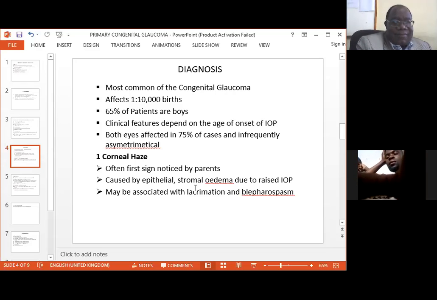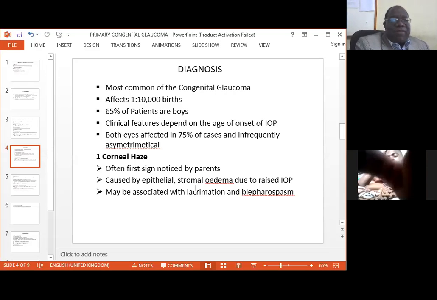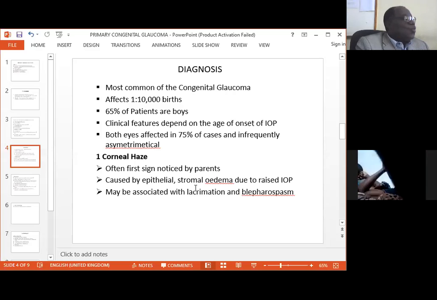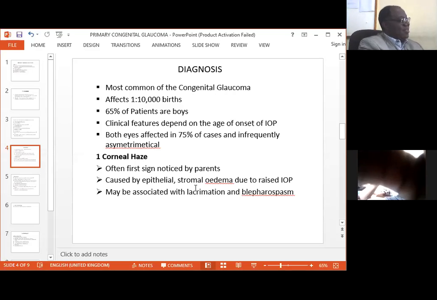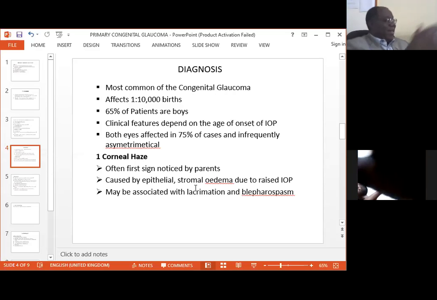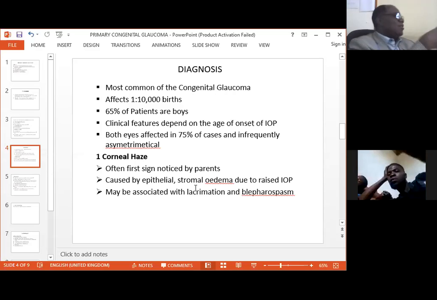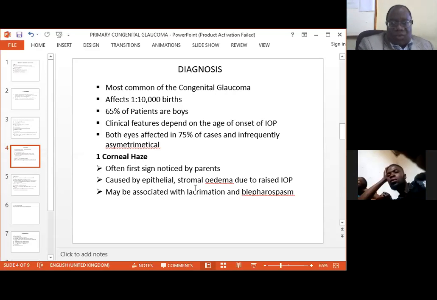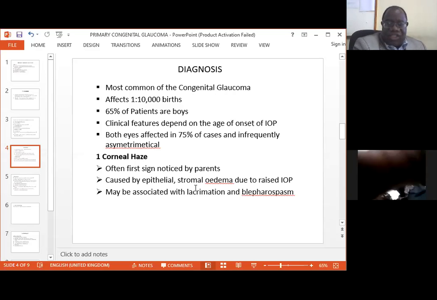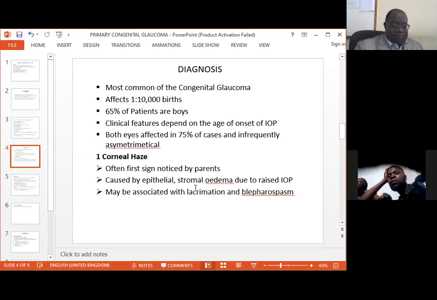This corneal haze is caused by epithelial and stromal edema due to the raised intraocular pressure. The epithelium at the back of the cornea is broken, and fluid is entering the corneal thickness. The whole cornea, instead of being clear, becomes cloudy and opaque. It may be associated with lacrimation and blepharospasm.